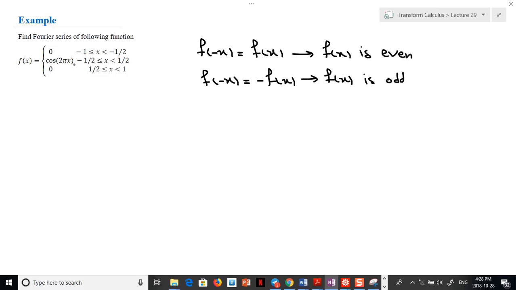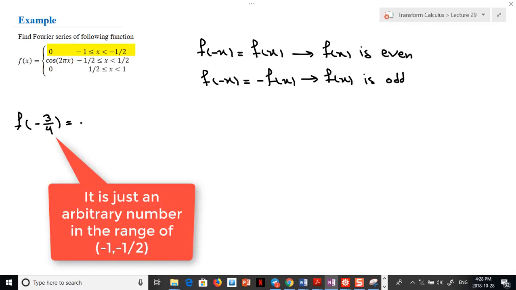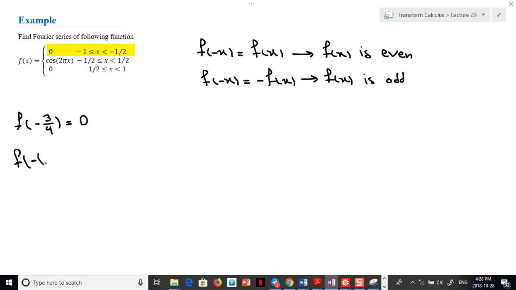So if I take one x from the range minus 1 to minus half, let's say a number between minus 1 and minus half, so it's minus 3 over 4. f(minus 3 over 4) is equal to 0. Now I want to find f(minus x), so in fact it's equal to f(3 over 4). You can see that now we are in this range, so again the function is equal to 0.